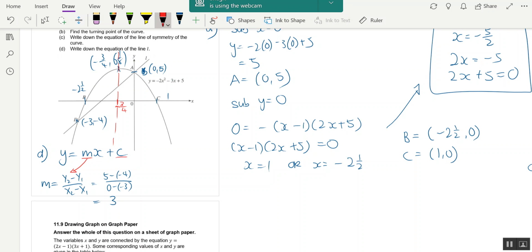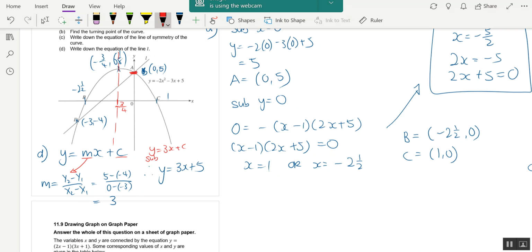C is the y-intercept. If you have the graph, it's very obvious. Look at the y-intercept. The y-intercept is the place it cuts y. It is 5. So you can just write therefore y equals to 3x plus 5. Okay? If you don't have a graph, how to find c? That means I write down y equals to 3x plus c.